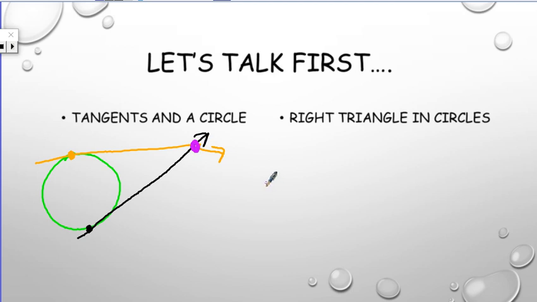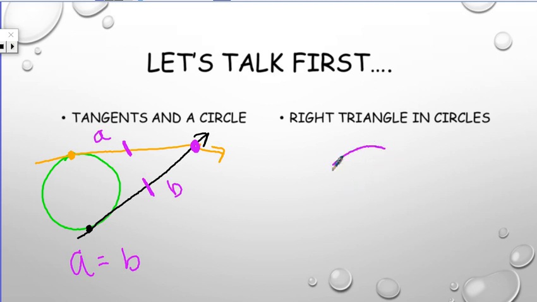There is a rule that tells us that when I have two tangents that intersect each other from a point outside the circle, these two sides are equal to each other. If I call these A and B, from the point of tangency to the point of intersection I'm going to call that A, and from the other point of tangency to this point of intersection I'm going to call that B. So this tells me that A equals B. We also know, well, I'll come back to that later.